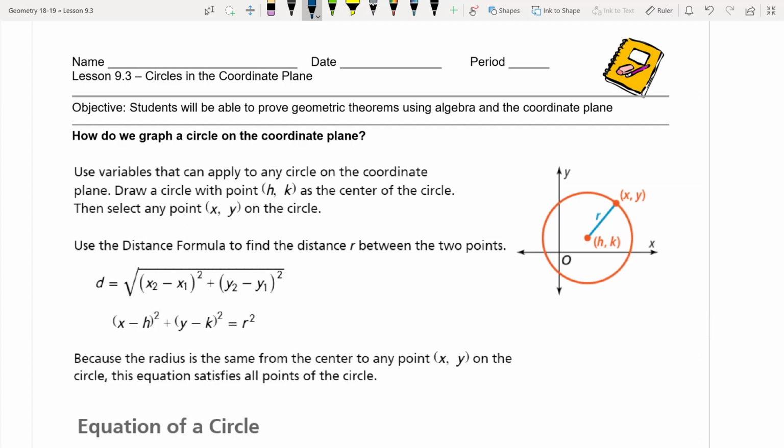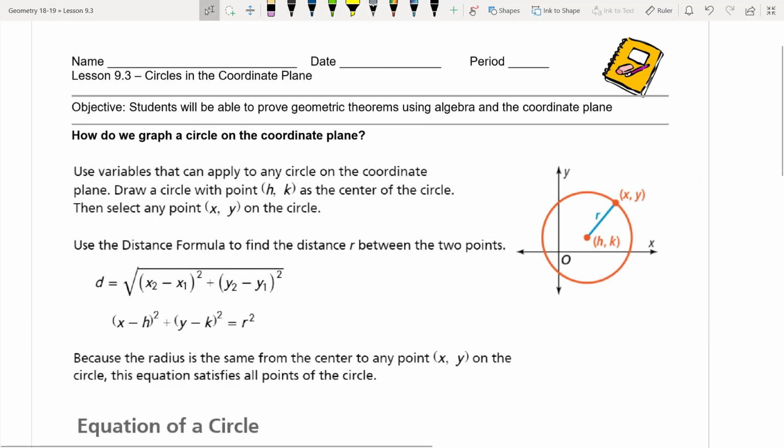So looking at this example here, they've given us a circle, and they've told us that we reference the center as (h, k). That's the coordinate point for (h, k). And if we look closely, the distance between (h, k) and some point on our circle is our radius right there, and it ends up becoming a process of using the distance formula.